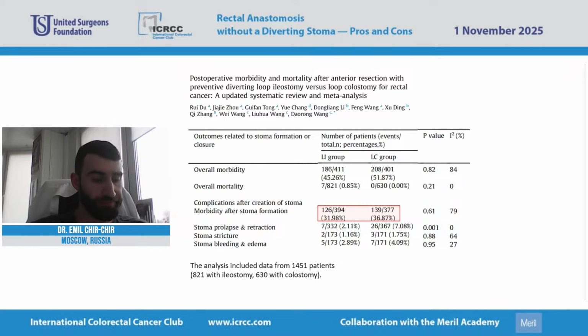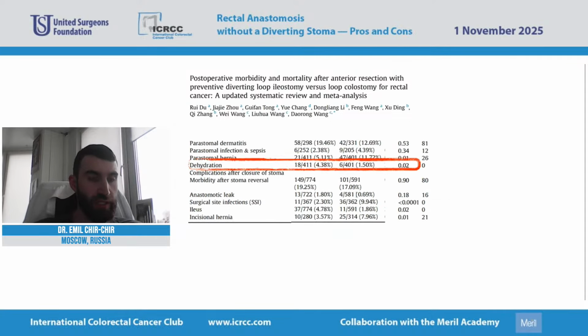For example, this meta-analysis from China, which aimed to compare outcomes of patients with ileostomies and colostomies, revealed a fairly high frequency of complications directly related to the stomas themselves.